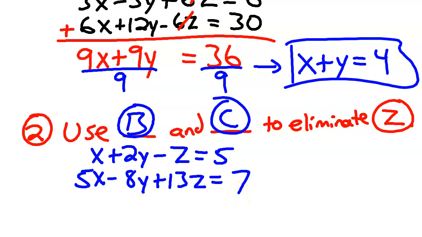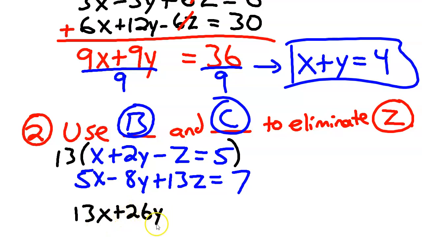All right. To eliminate z, I will need to multiply the top equation by 13. And that means I have to multiply it to both sides of the equation, distribute it all the way through. So I end up getting 13x plus 26y minus 13z equals 65, right? Because 13 times 5 would be 65, right? Yeah, I think that's right.